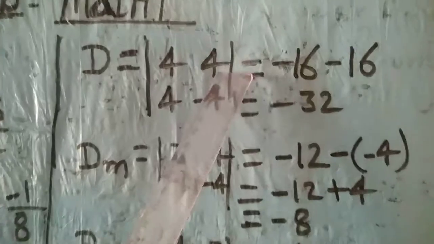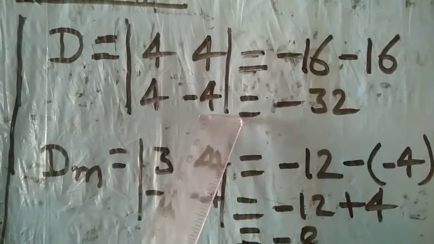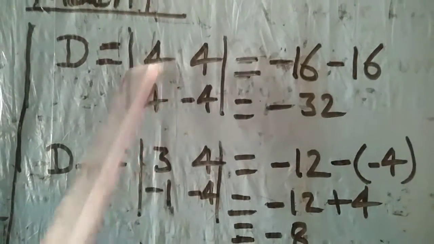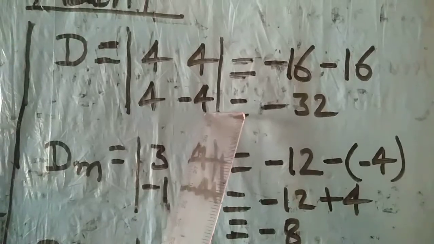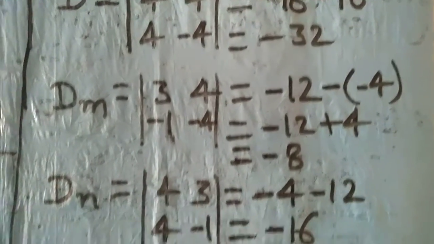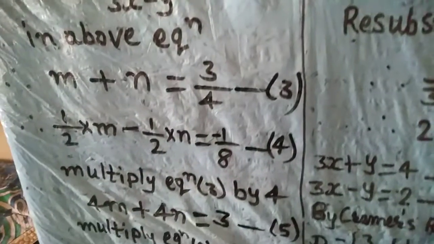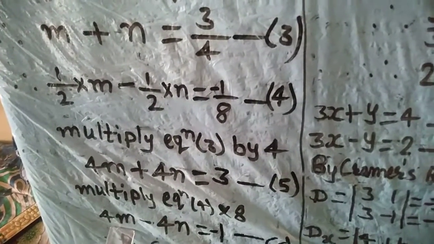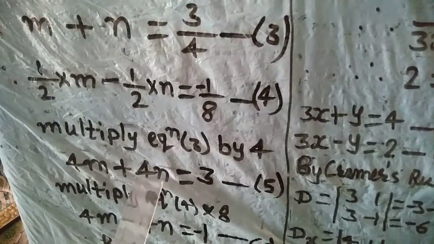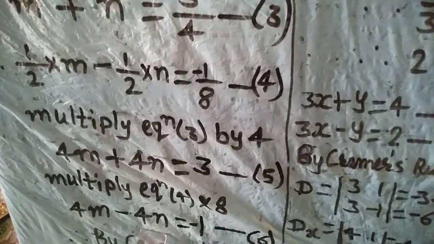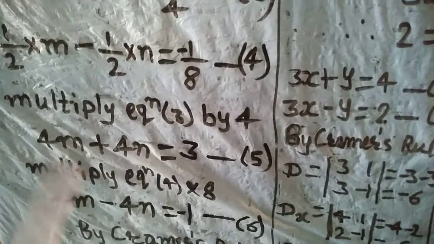So determinant D is 4, 4, 4, minus 4. This is column 1, this is column 2. Column 1 are the coefficients of m, and column 2 are the coefficients of n.